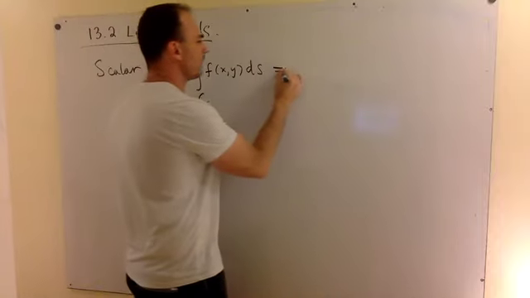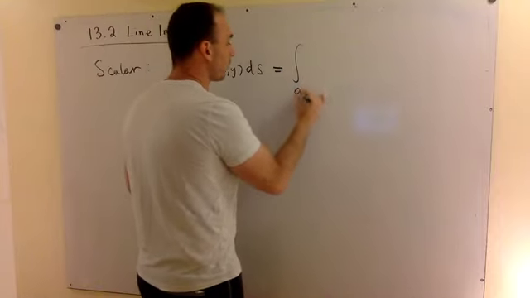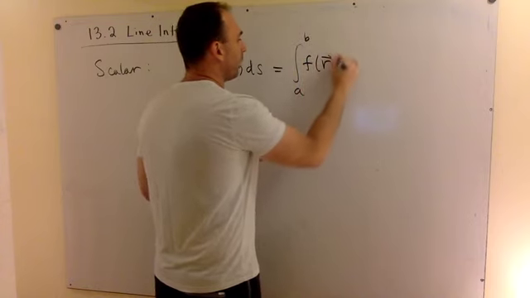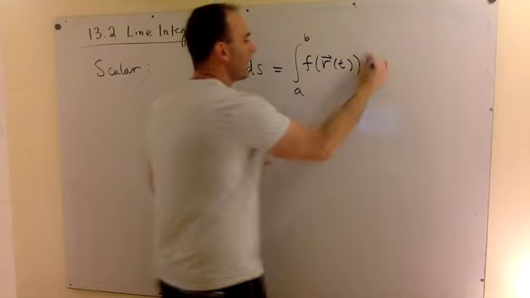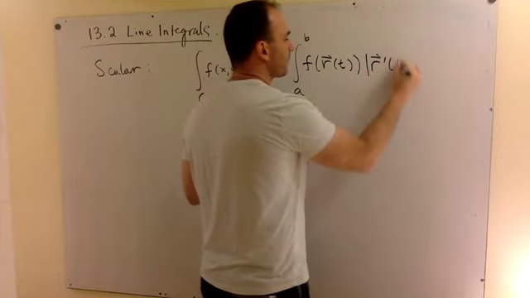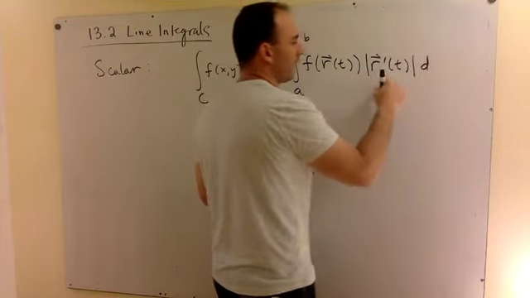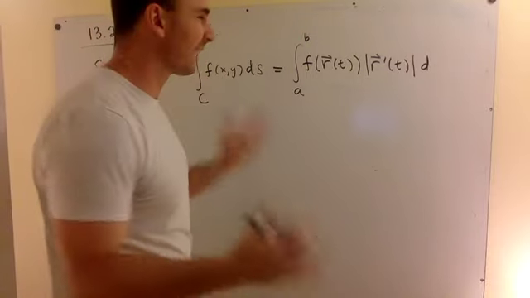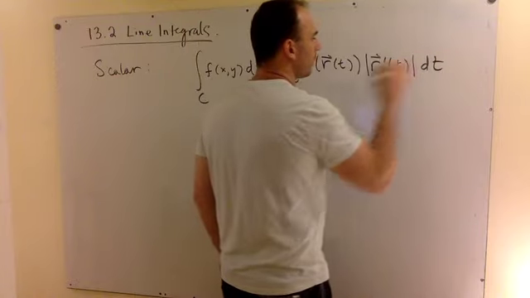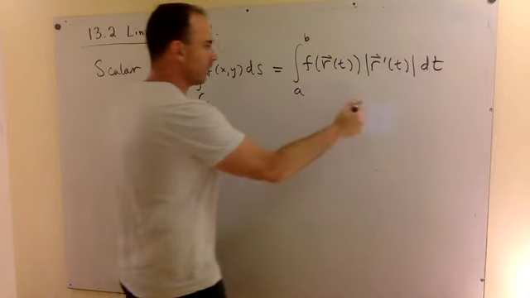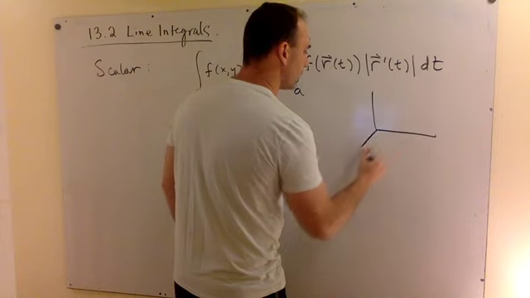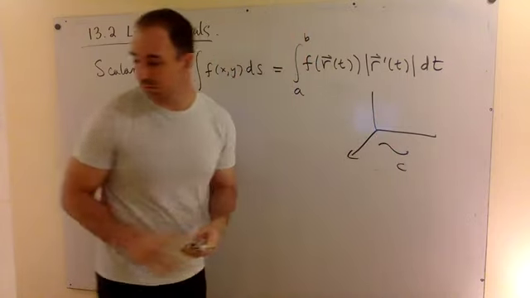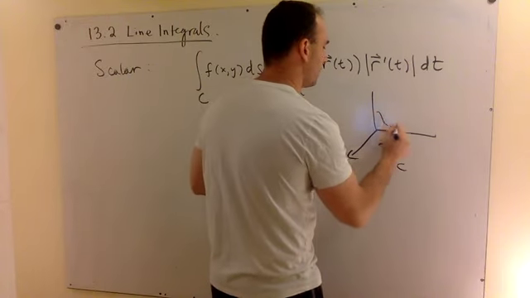The way you do this is you parameterize the curve with something, call that r of t, and then you multiply by the magnitude of the derivative of r. So this is like the arc length, and then you integrate this out. Here is a picture of what's going on. You've got some C down here and your surface up here.